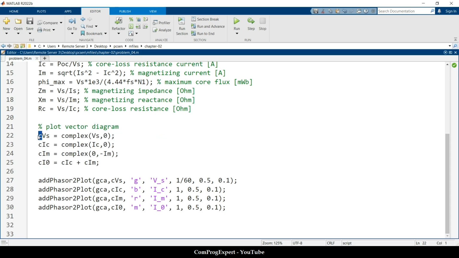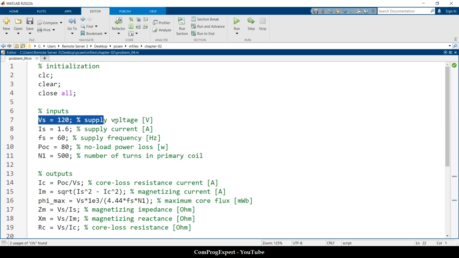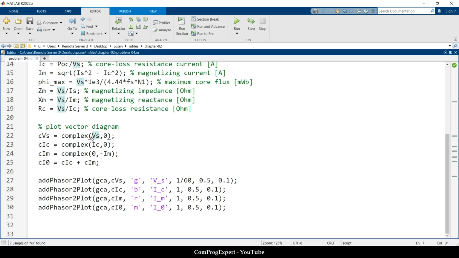This is the complex Vs, right? This is the RMS value, the amplitude. I know that the phase is 0 for Vs, so I have set the phase equal to 0. For the core current, the current of the equivalent core resistance, this is IC, its angle is 0.